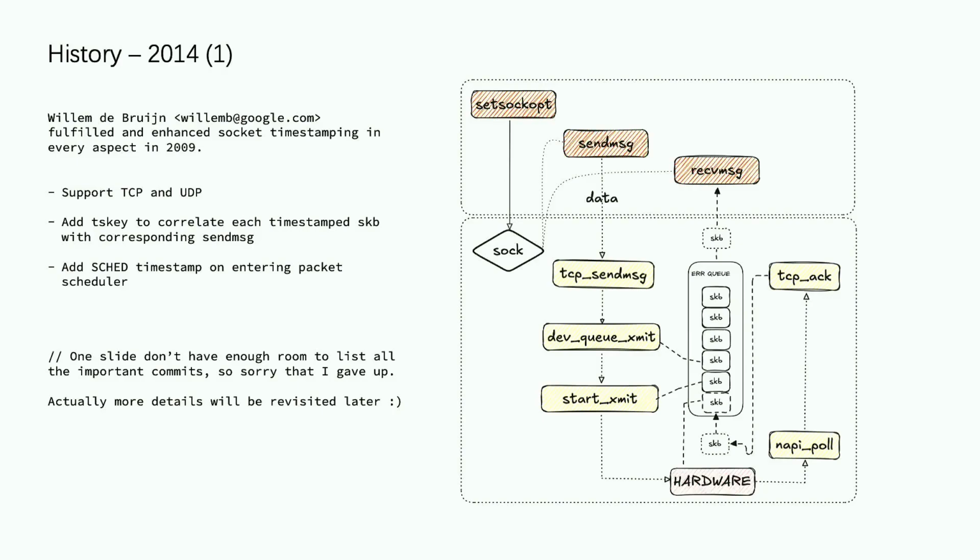We will record that timestamp. Okay, and the second important thing is the tskey. The tskey is used to correlate the sendmsg call with the SKB. If TCP sends a large amount of data, that will be split into multiple smaller SKBs. When the SKB goes into the qdisc, we don't know which sendmsg this SKB belongs to, so we need to use the tskey to identify it.